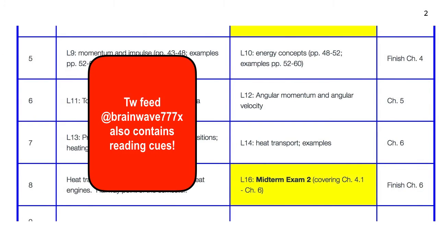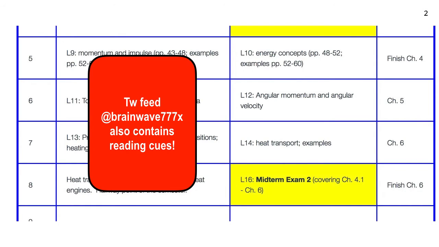Also, when Darian and Caroline are tweeting on the Twitter feed, you'll see reading cues as well, like page 74. So for those of you that like to be organized with your study, make sure you look at that, and hopefully it'll be helpful to you.